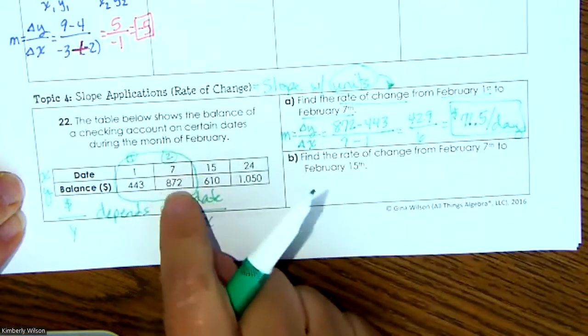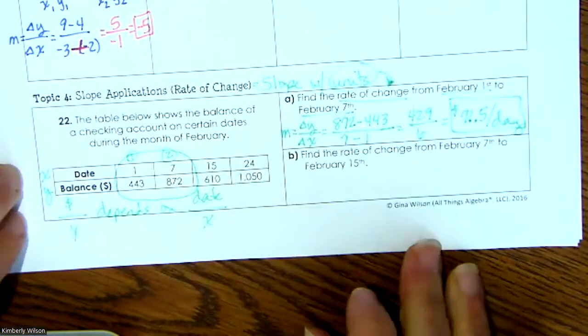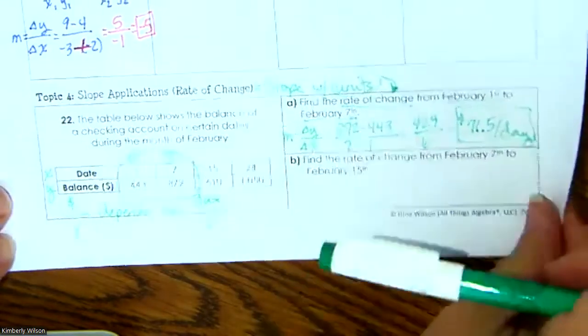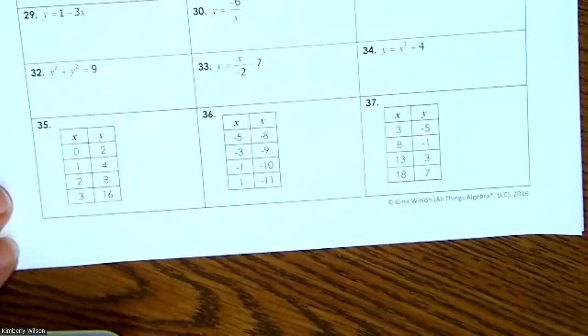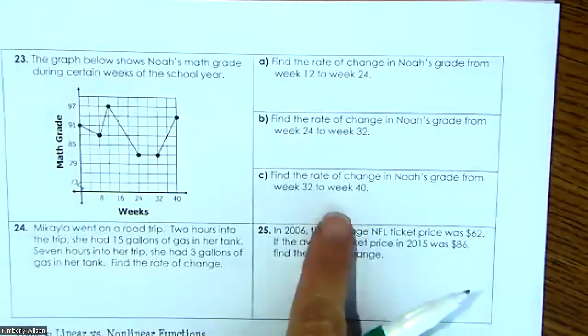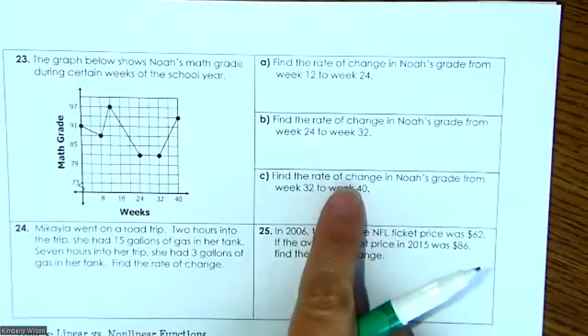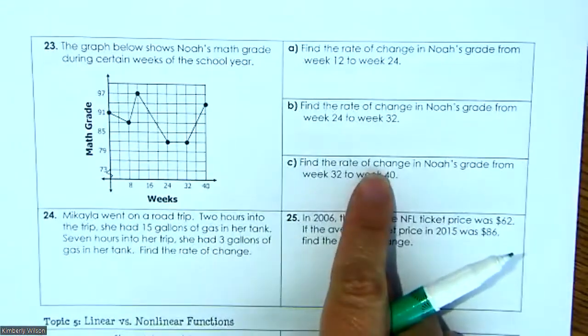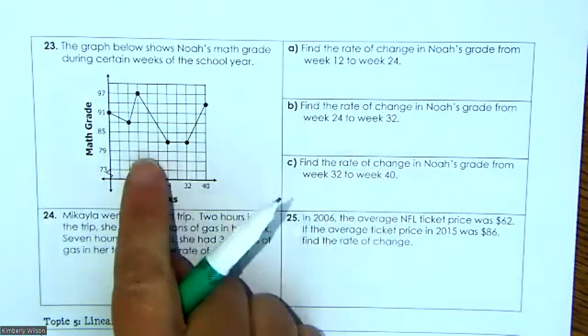You're using the 7 and the 15 point. Otherwise, you work it the same. Okay, moving on. If I'm looking at 23, it is 23 through 20, all of 23. It's the same thing, except I'm pulling my information from the graph.